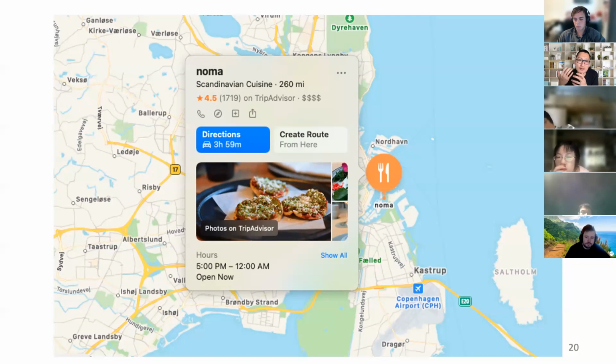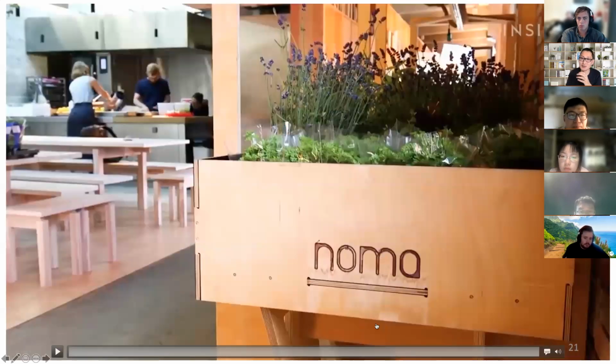So how can a restaurant cope with this situation, right? You may think that Noma, as a Michelin star restaurant, a very high-class, fancy restaurant, would find it very hard to adjust to the situation. But it turns out that they came up with something very genius to cope with the situation, and they actually got a great reception from the customers.